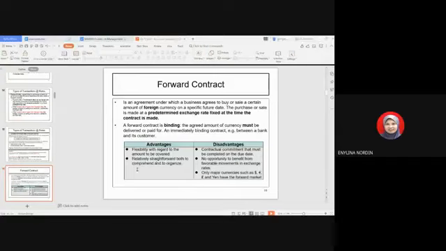And then it's relatively straightforward both to comprehend and to organize. Basically the forward contract here is to secure the company.